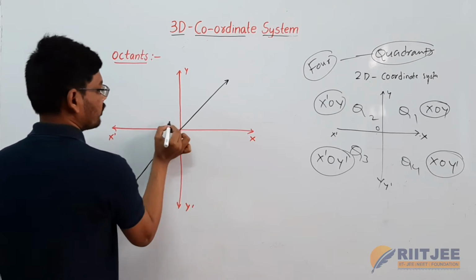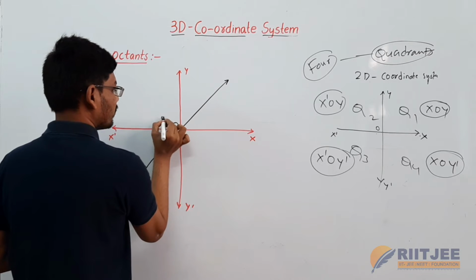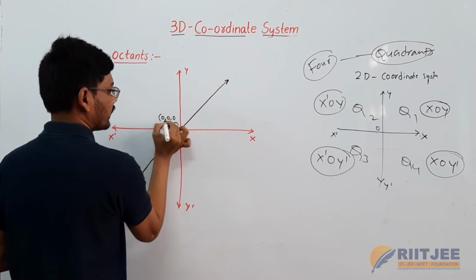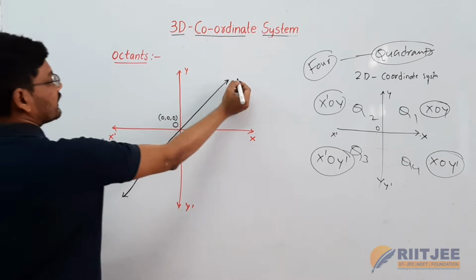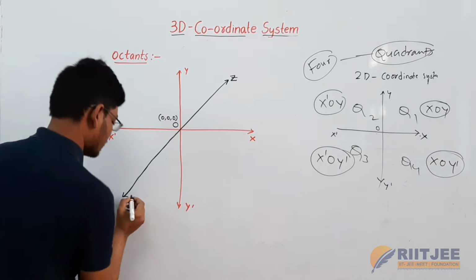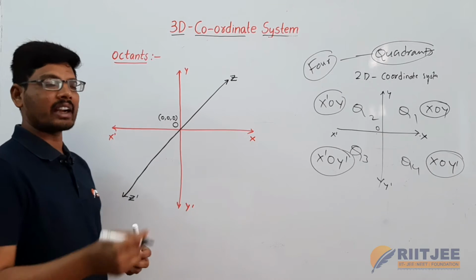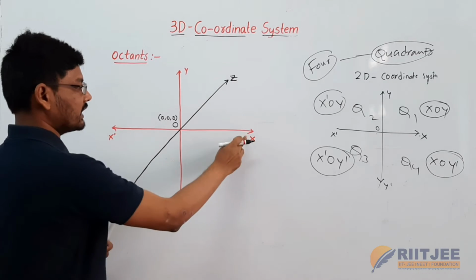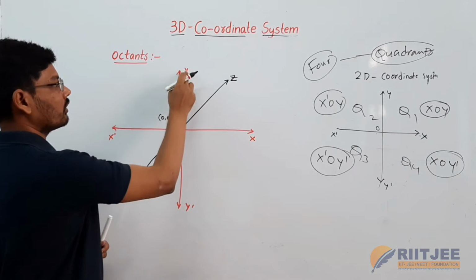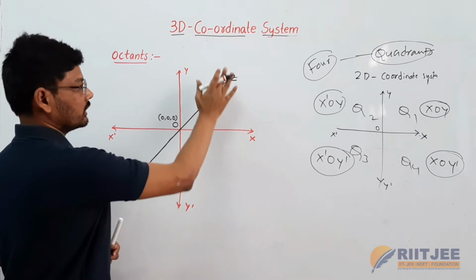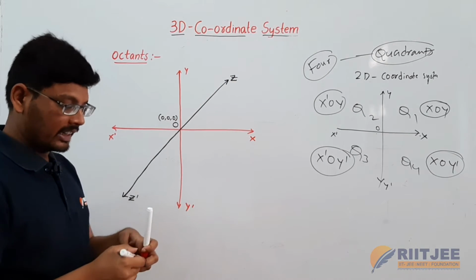This is the origin O, that is 0 comma 0 comma 0 I am taking here. Now this is z, this is z dash here. Now octants, how many octants are there here? This is x, O, y. See here, there are completely 8 octants here.